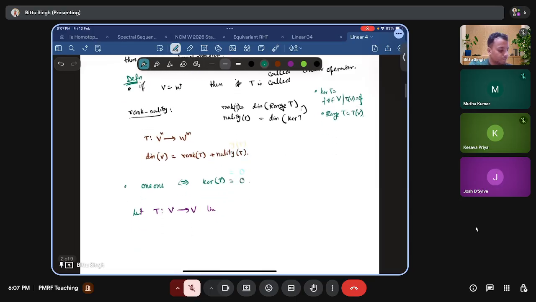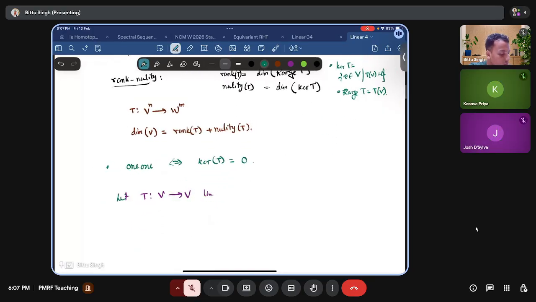So T is a map from V to V, this is a linear operator. In this case, the interesting thing is that to see whether T is one-one or not, we only need to see that kernel T is 0, which is equivalent to saying nullity is 0.